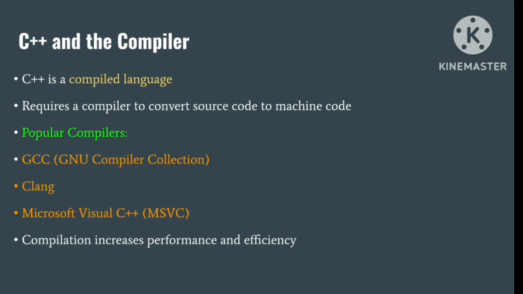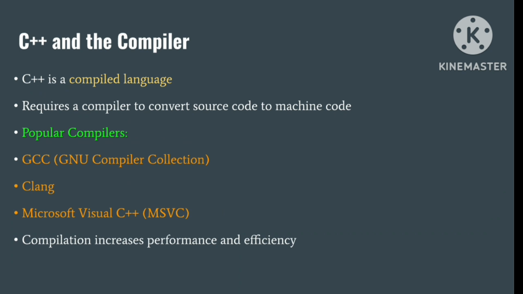It requires a compiler to convert source code to machine code. The code which is written by the user is called source code. It is converted into binary language, first into an object file and then into an executable file. So here is the list of popular compilers which we would use for running our C++ program.